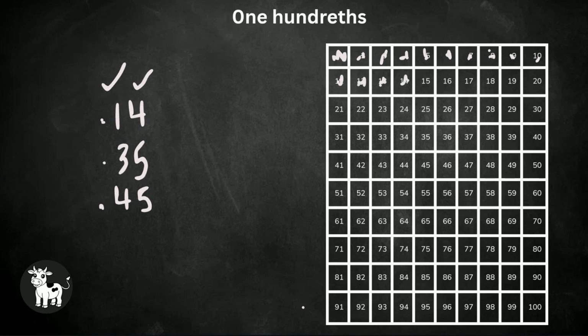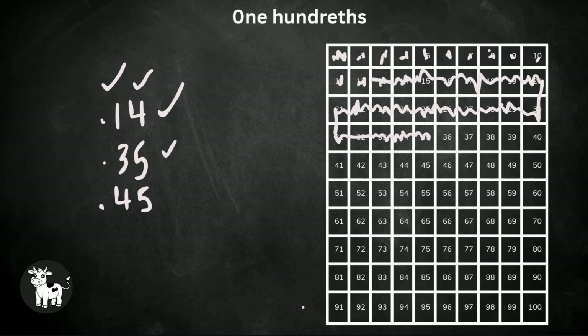So this is what 14 hundredths would look like. How about 35 hundredths? Well, we would shade in all 35 of these boxes of the 100. So there's 35 hundredths.